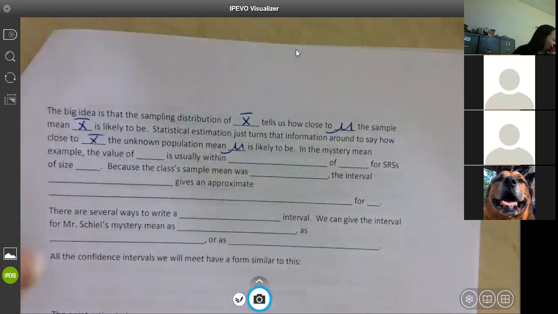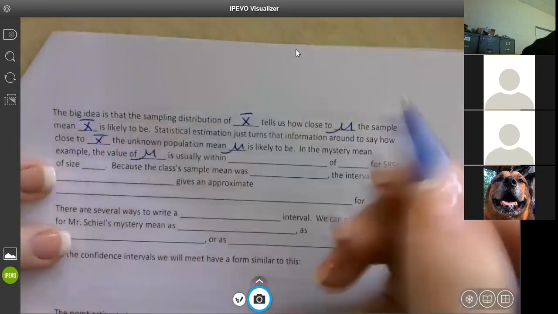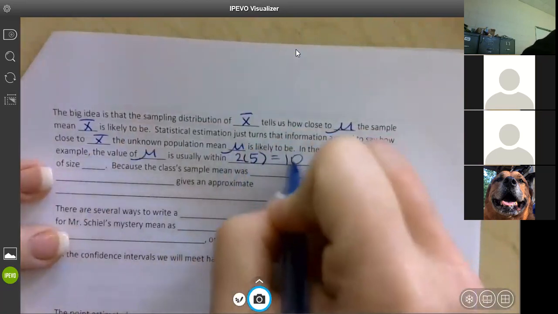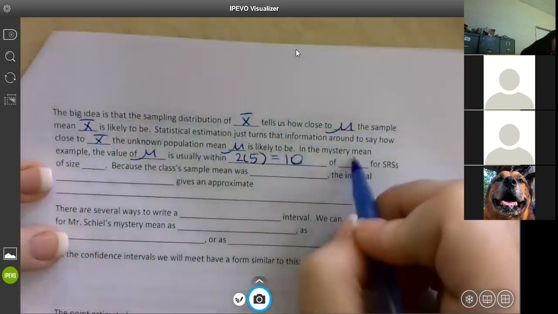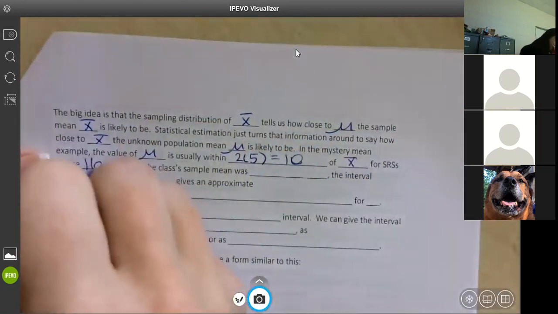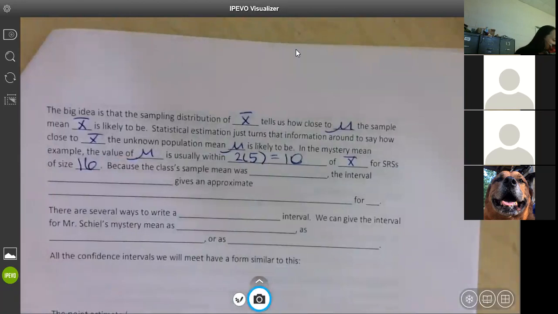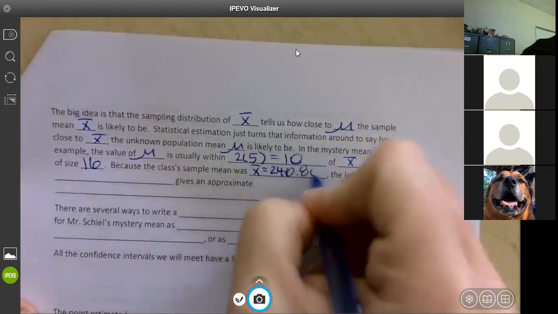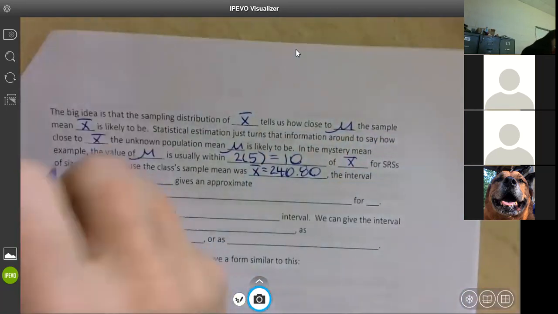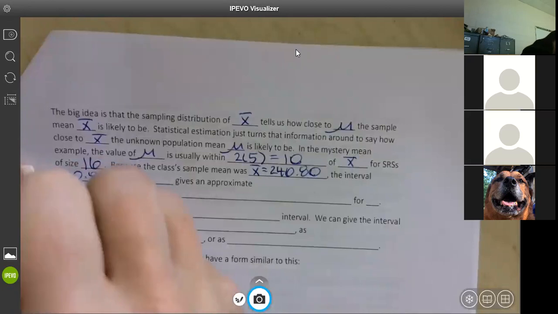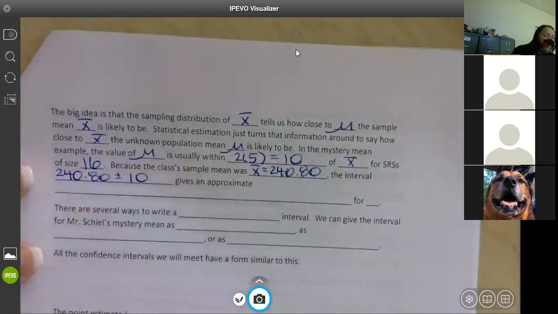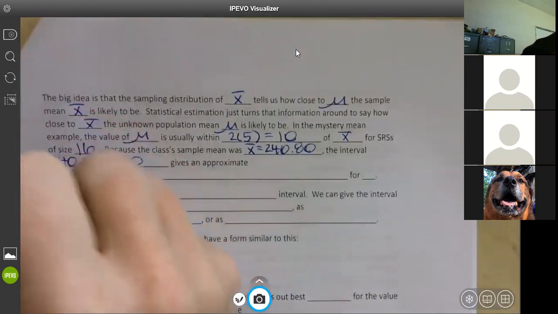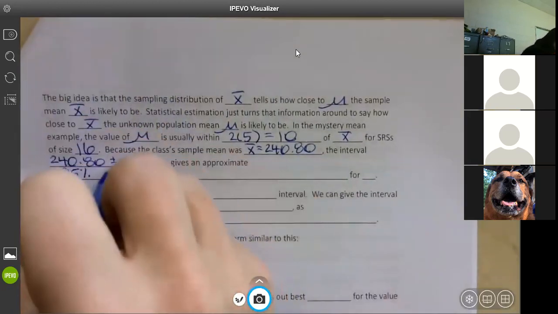In the mystery mean example, the value of mu is usually within 2 times 5, 2 standard deviations, or 10 of X bar for SRSs of size 16. Because the class's sample mean was that 240.80, then the interval 240.80 plus or minus 10 gives an approximate 95% confidence interval.